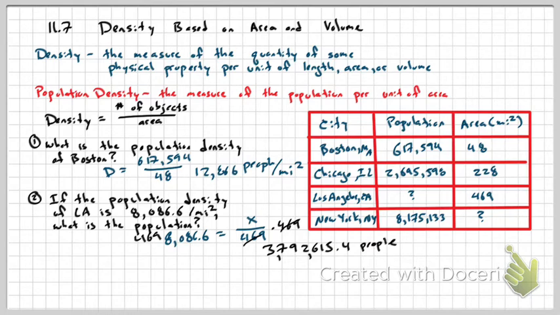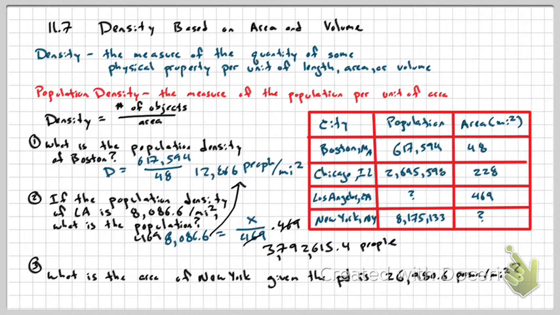So in LA, there are almost 4 million people. But notice that the density compared to Boston is pretty much 4,000 people less. So there's 4,000 fewer people per square mile in LA compared to Boston.